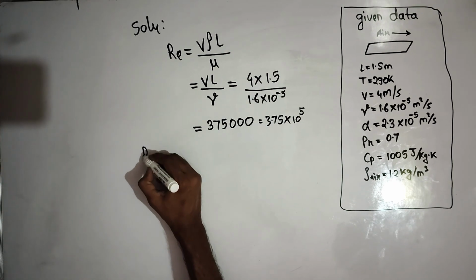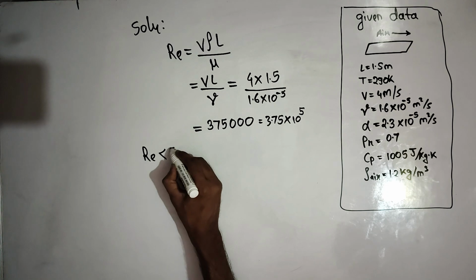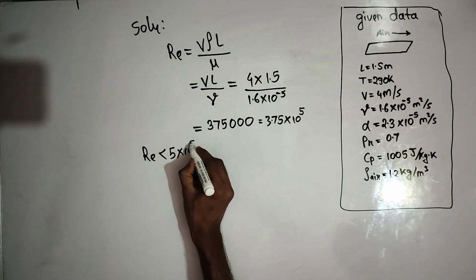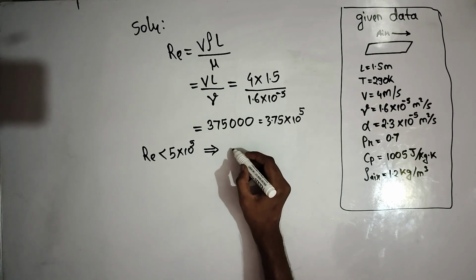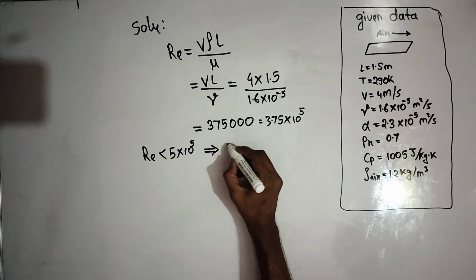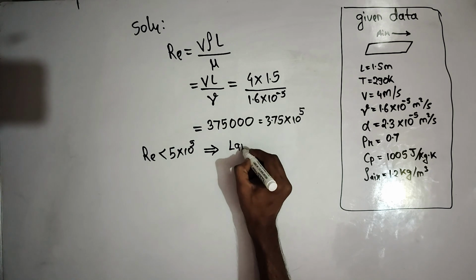From this we can conclude that the Reynolds number is less than 5 into 10 raised to power 5. From this we can see that the flow is laminar.